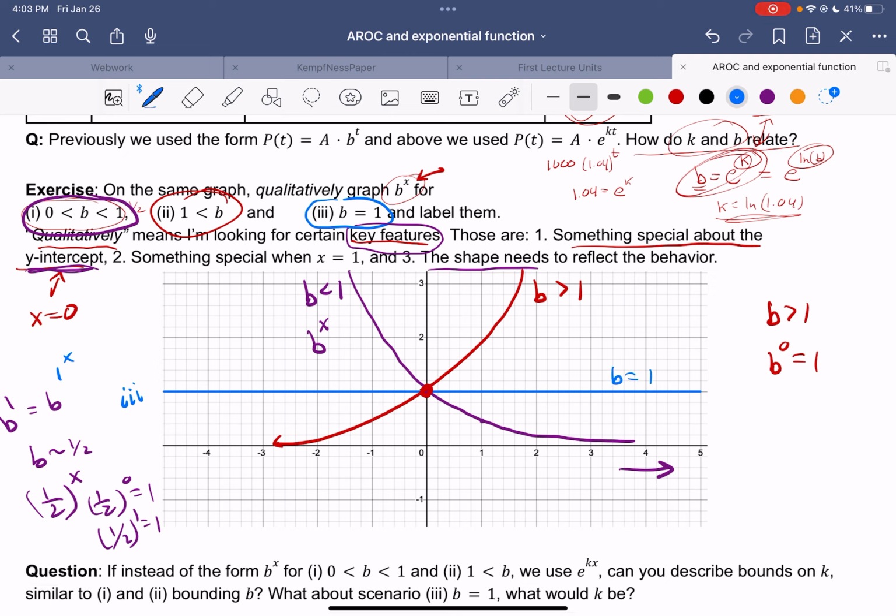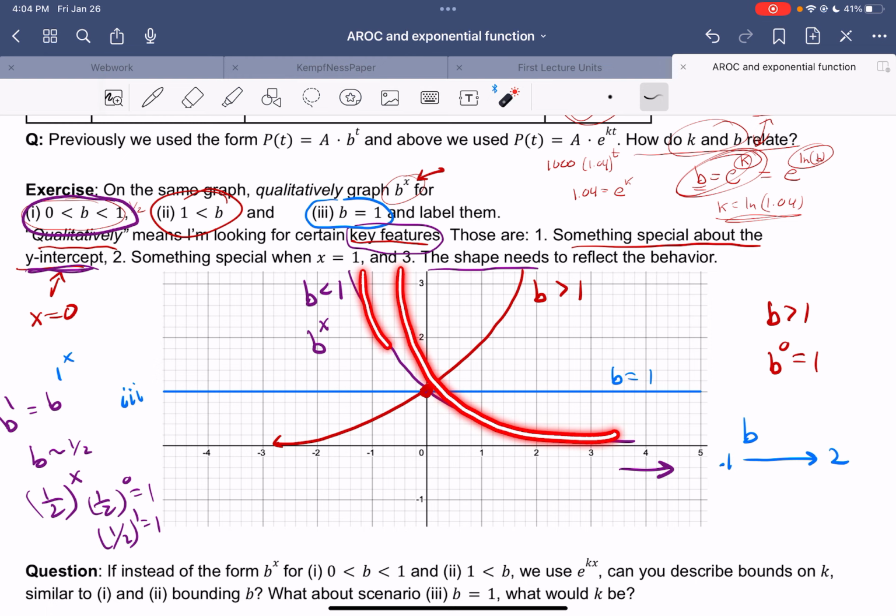And if we play a Desmos animation where you let b go from something close to 0, maybe 0.1, all the way up to 2, then what you would see is a really steep curve like this that becomes less and less steep.